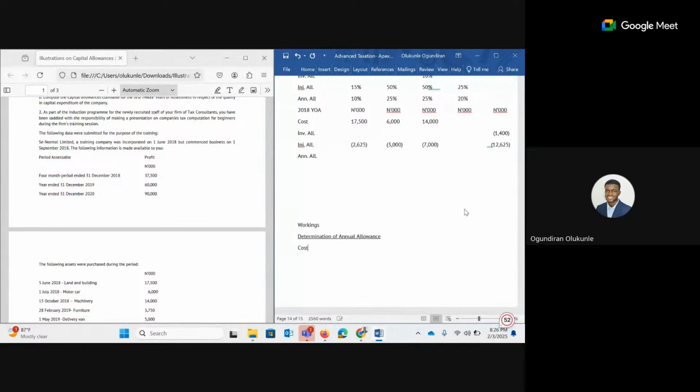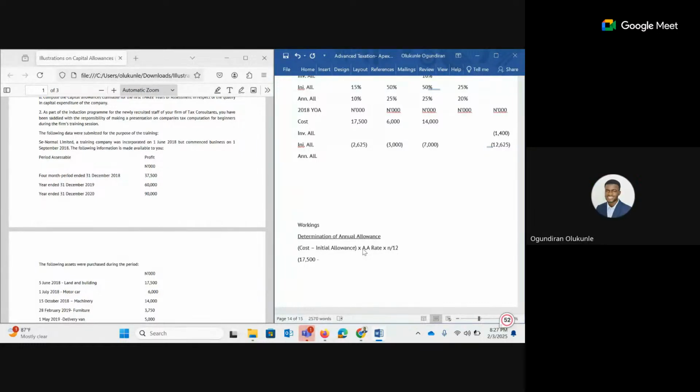You have cost minus initial allowance, times the annual allowance rate, times number of months divided by 12. So what's the cost of the asset? 17,500.